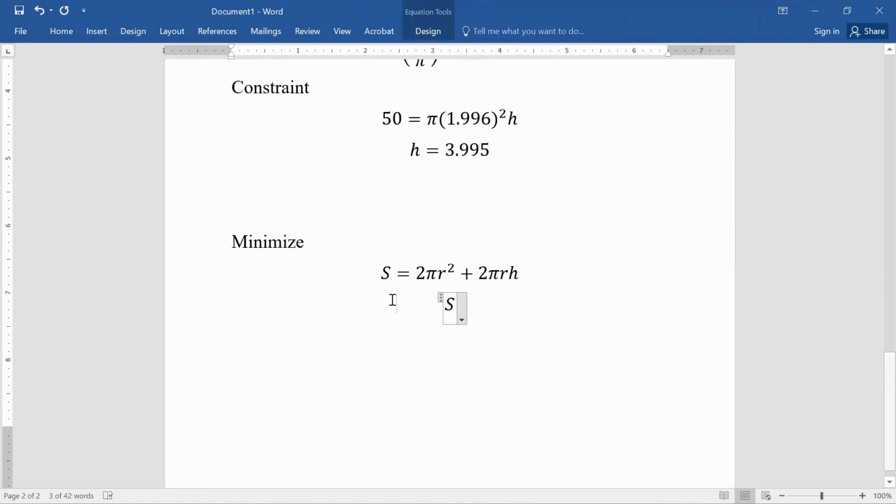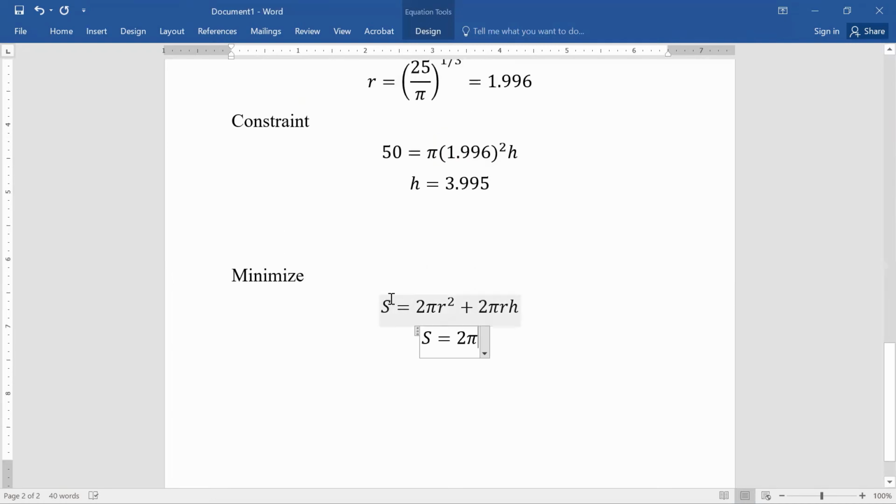And if I actually want to find that surface area, we take 2 pi times r squared, take 1.996 squared, plus 2 pi r, 1.996, multiplied times h, 3.995.